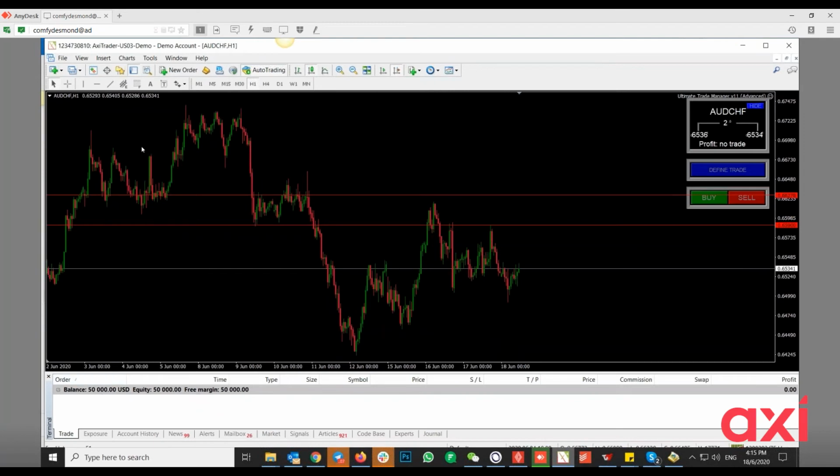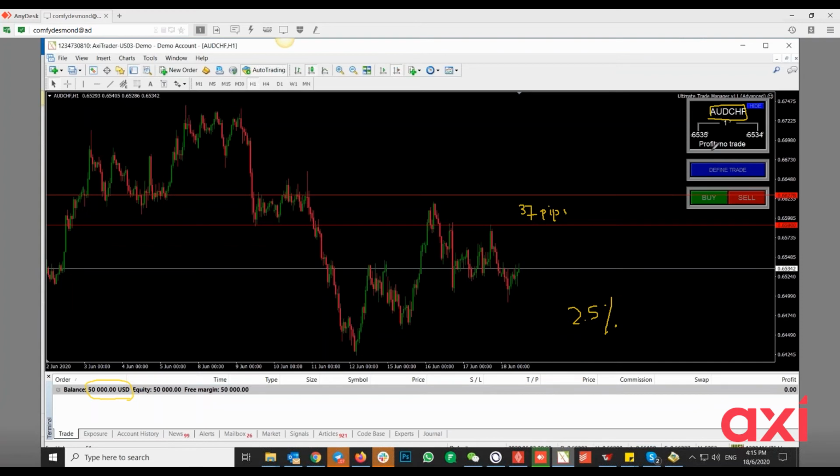Our account is a $50,000 account. So I'm going to write this down here. We have a 37 pip stop loss, and we have a $50,000 account. If I want to risk 2.5% of my account on this trade, what is the lot size I'm going to use on Aussie franc?